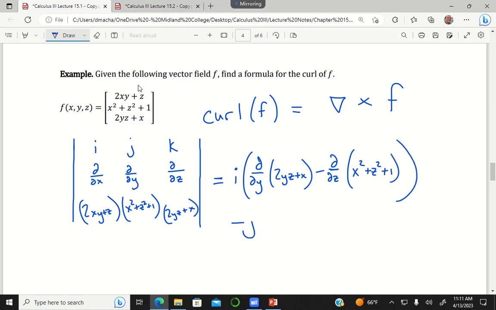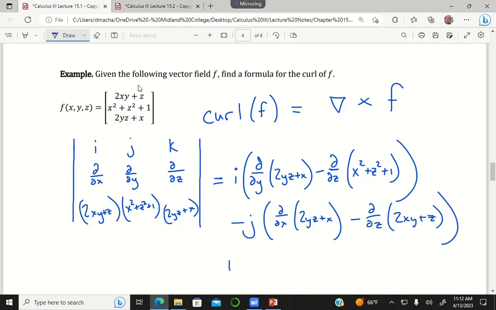Okay, minus j times the partial with respect to x of 2yz plus x minus the partial with respect to z of 2xy plus z, plus k times the partial with respect to x of x squared plus z squared plus 1 minus the partial with respect to y of 2xy plus z.